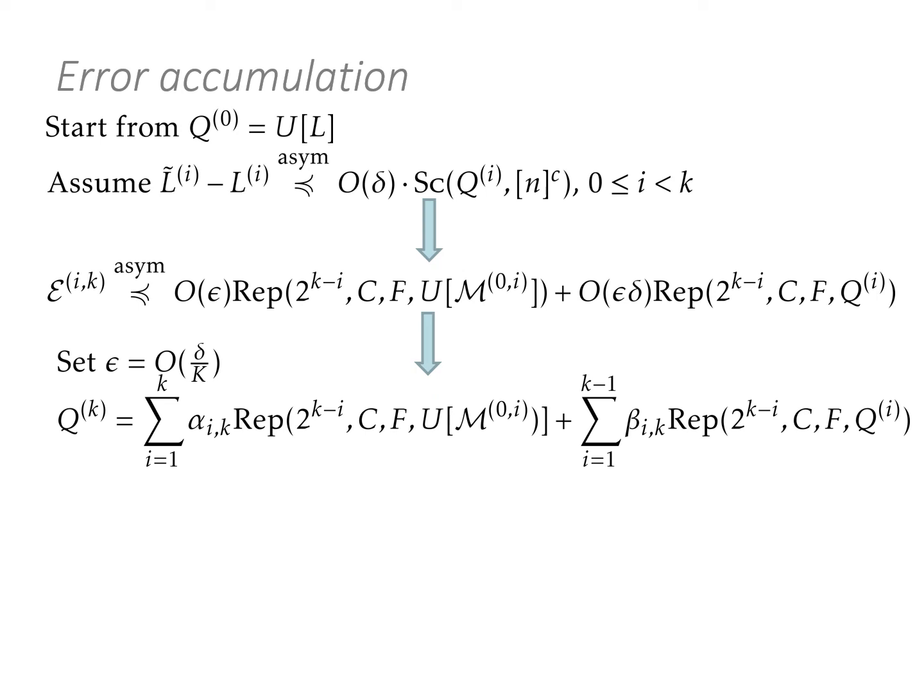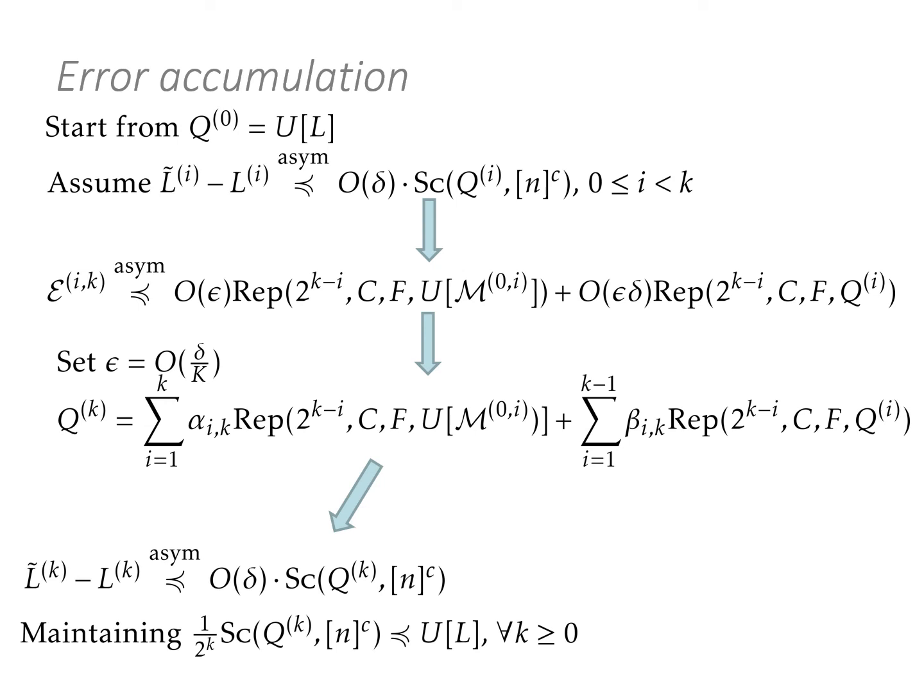Then, by defining Qk as a linear combination of the repetition matrices of M0i and Qi, we can bound the difference between M0k and its perturbed version by about O(delta) times Qk. By short complement robustness in this case, we can show the difference between Lk and its approximation can be asymmetrically bounded by about O(delta) times the short complement of Qk.